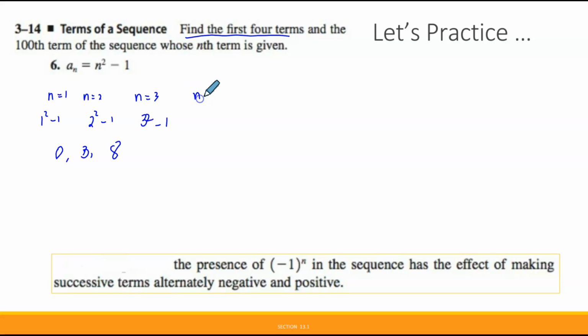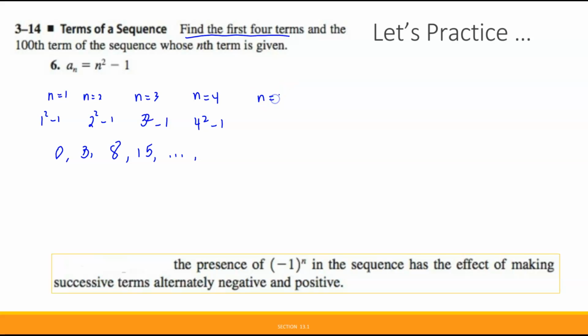N equals 4. We're going to plug 4 into our a sub n formula, our formula that generates every term of the sequence. So that would give us 4 squared minus 1, which would be 16 minus 1, which would be 15. We're going to continue on as many terms as they want to see.